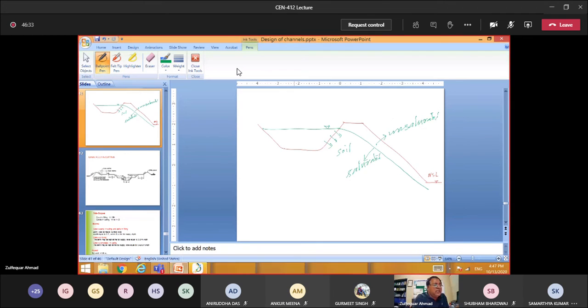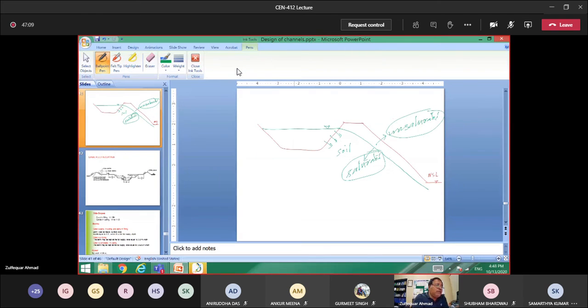So this line divides the two zones of the soil, one completely saturated and the other unsaturated. We call this the hydraulic gradient line; you can say it is the phreatic line. You can solve this by the sum equation, but in irrigation engineering, because this height is not very high, we approximate this by the sum slope.